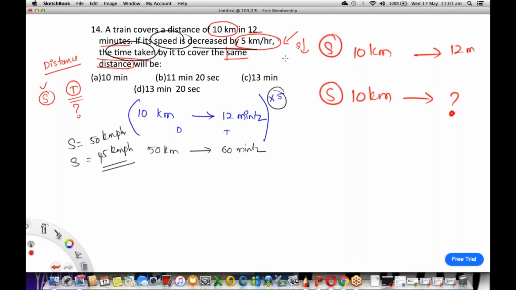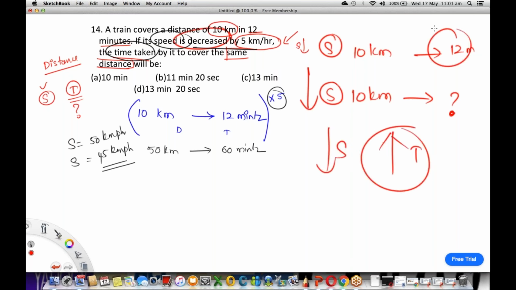I don't know the exact value of speed, but I very well know that the speed is definitely lesser than the previous, because it is decreased. If speed is less, time taken will definitely be more. So I will get a time taken which is definitely more than 12 minutes. So option A is ruled out and option B is also ruled out. It may be option C or option D, definitely.